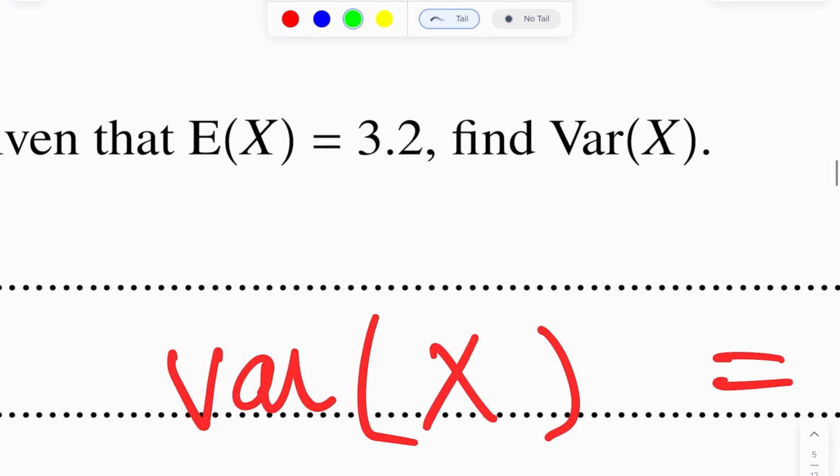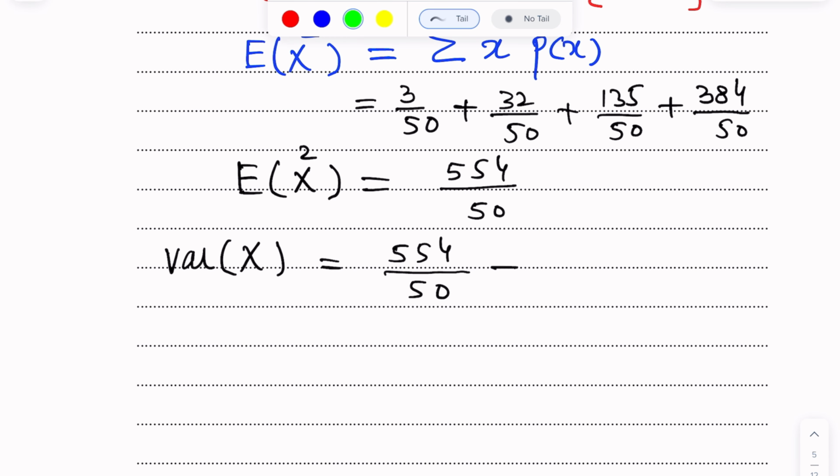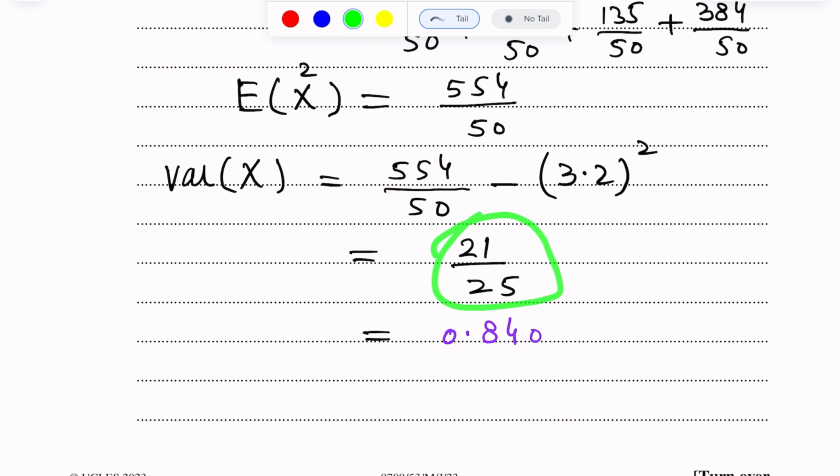E(x) is given in the question, that is 3.2, so we write the square of 3.2. After calculating, we get 21 over 25, or in three significant figures, we can write 0.840. Or 21 over 25 is the answer.